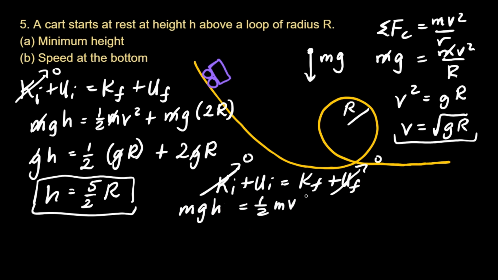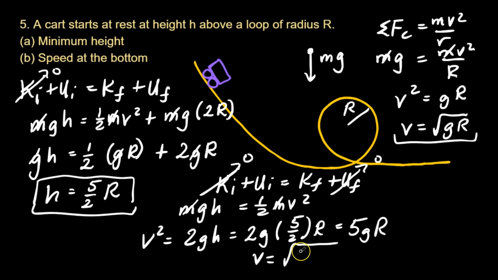This gives us mgh equals 1/2 mv squared. Solving for v squared, we get 2gh. h is the minimum height, which we just calculated, which is 5/2 R. So combining 2g times 5/2 R, we get 5gR because the 2's cancel out. Square rooting both sides, we get v is equal to the square root of 5gR.